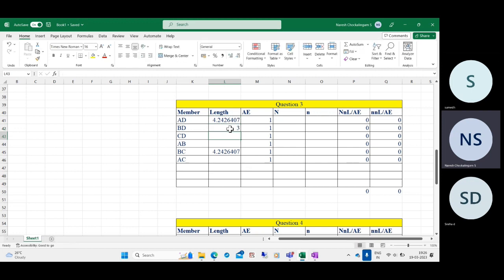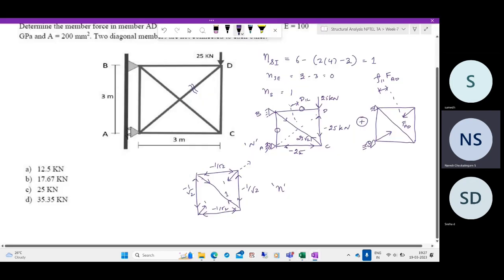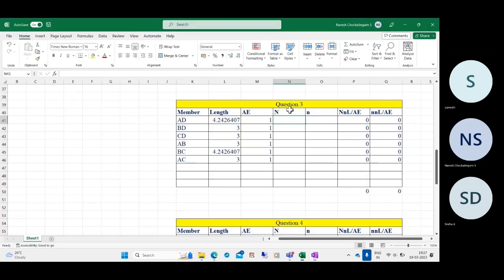All other members are 3 meters. And what are the forces? The member force in AD due to the real applied loads is 0, right? In BD, it is again 0.